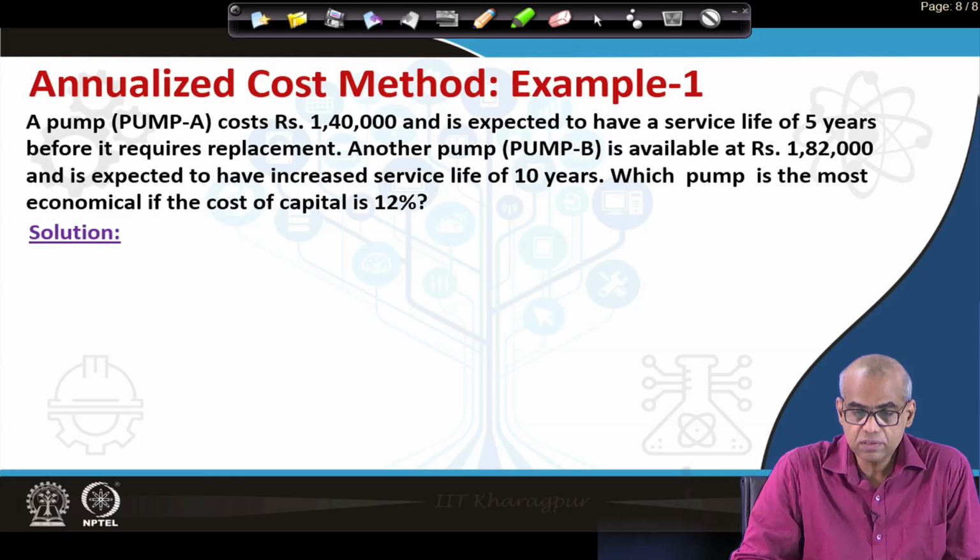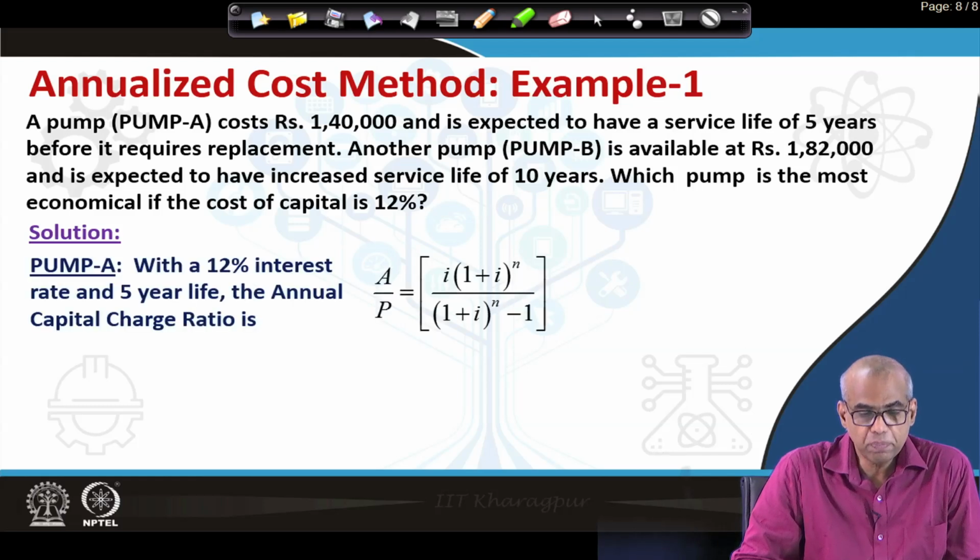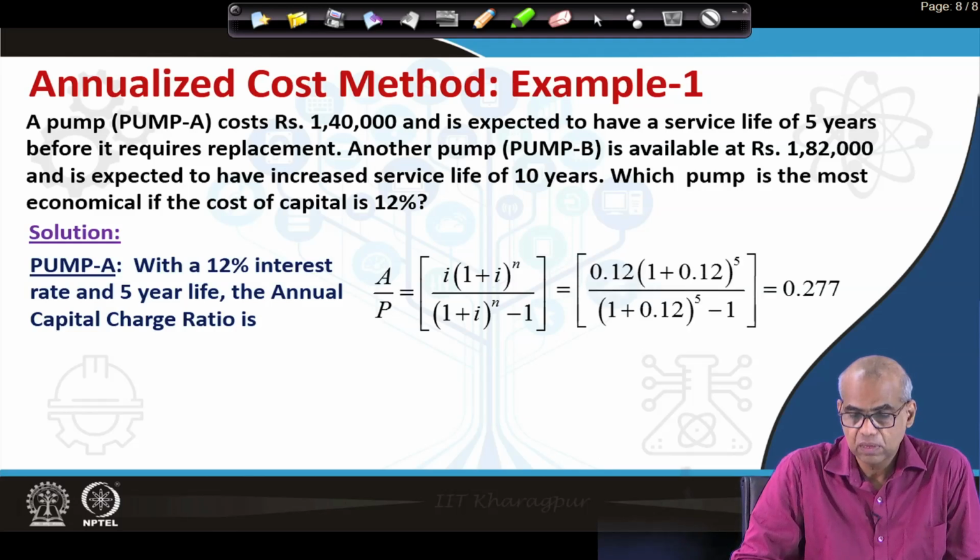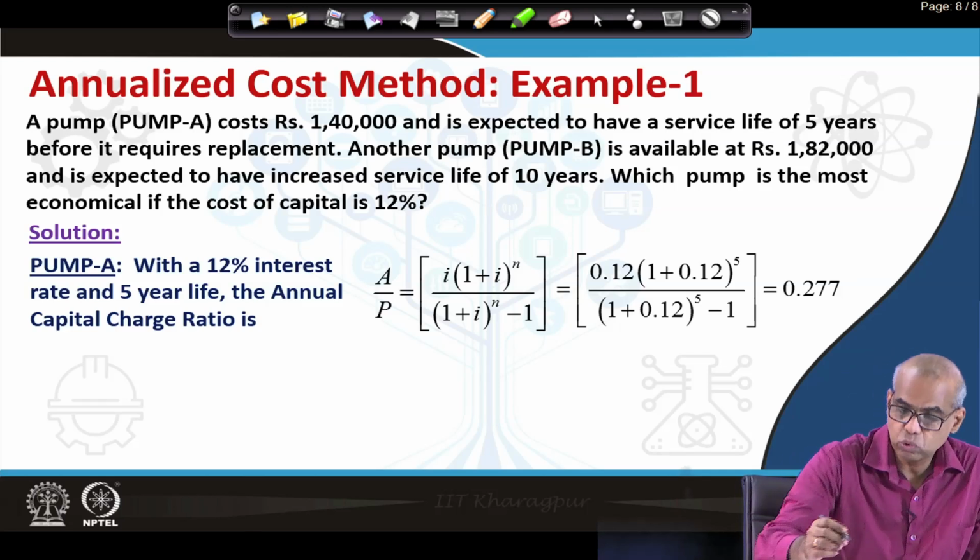So, what you have to do is, you have to find out the annualized cost for both pump A and pump B. So, with a 12% interest rate and 5-year life, the annual capital charge ratio for pump A, A by P, you can find out from the formula, and this happens to be 0.277.